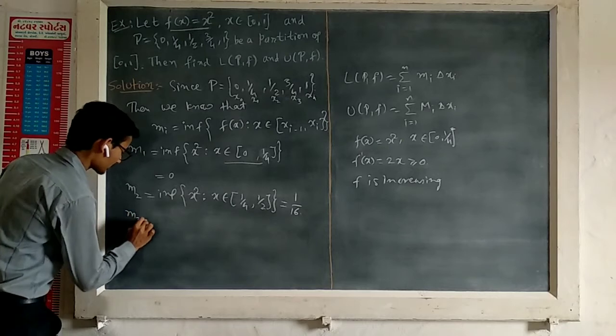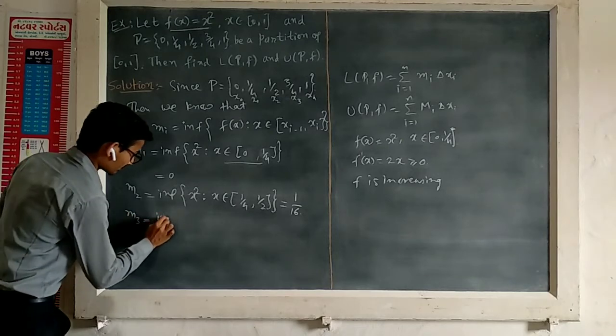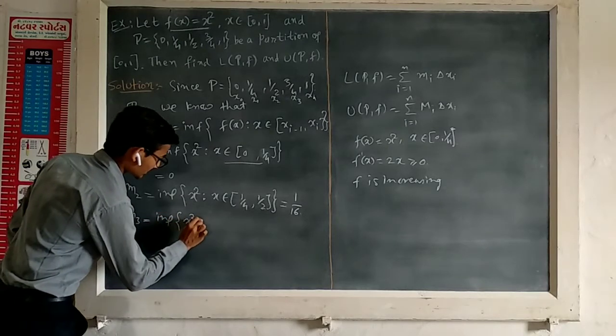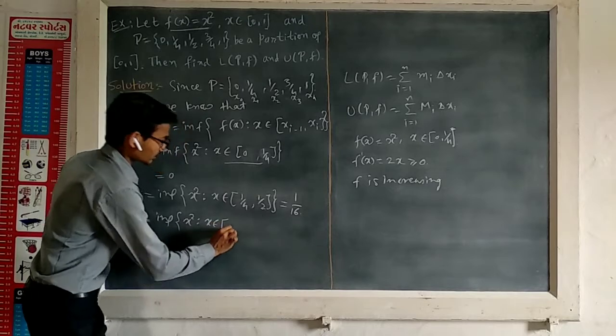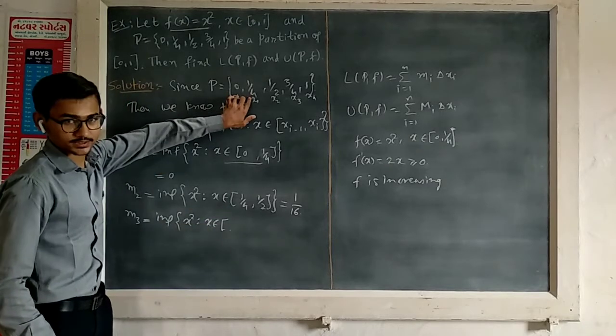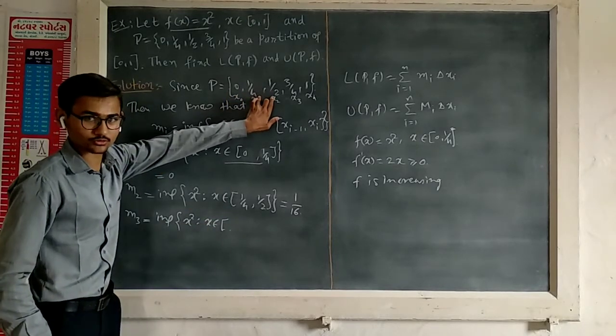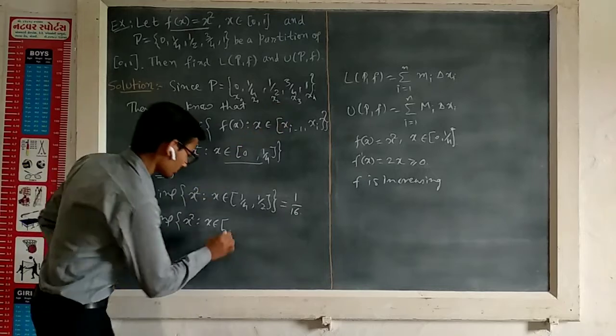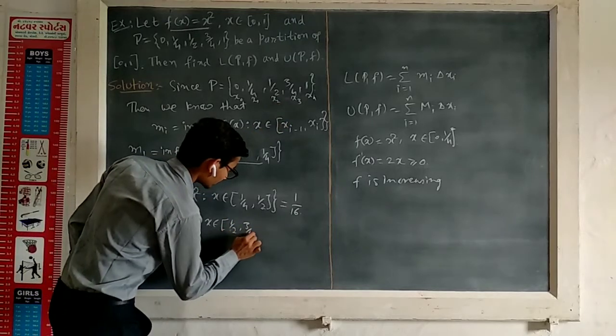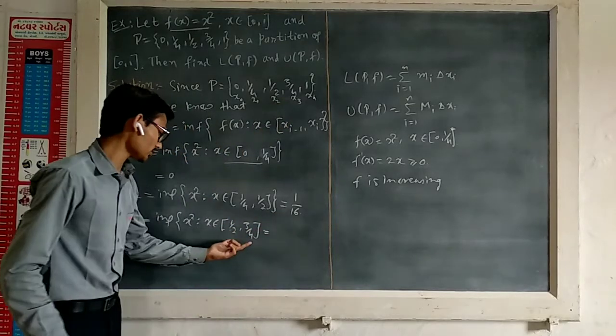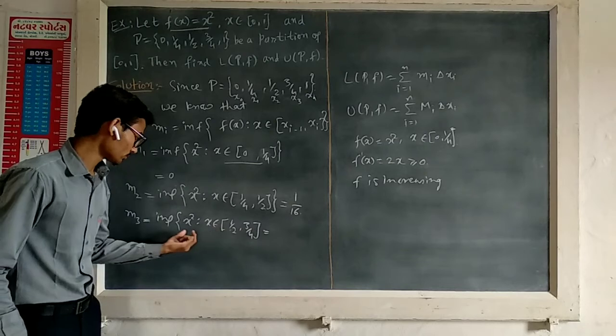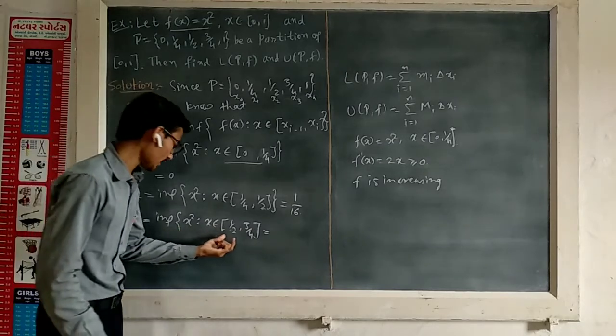Now m3 is the infimum of x square such that x belongs to the third subinterval, 1 by 2 to 3 by 4. The minimum value of that interval is at x equal to 1 by 2.